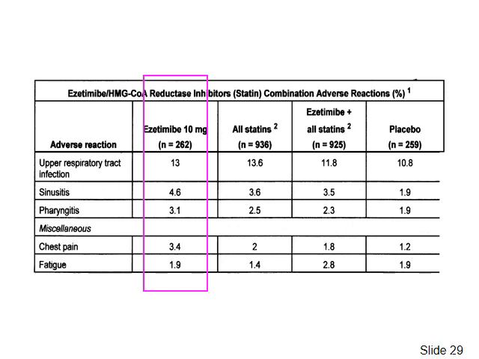Looking at the combination of ezetimibe with statins compared to either alone, basically what you see is that in terms of adverse reactions, the highest incidence across the board are of upper respiratory tract infections, much less incidence of the other adverse effects here.